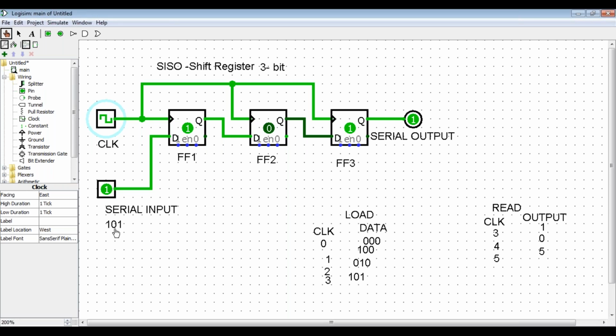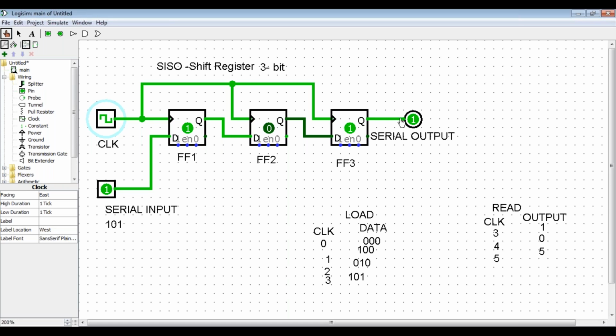If you have 3-bit information to load in your 3-bit shift register, you need to apply 3 clock pulses. To load serial input 1 by 1, 3 bits need 3 clock pulses, and 5 bits need 5 clock pulses.